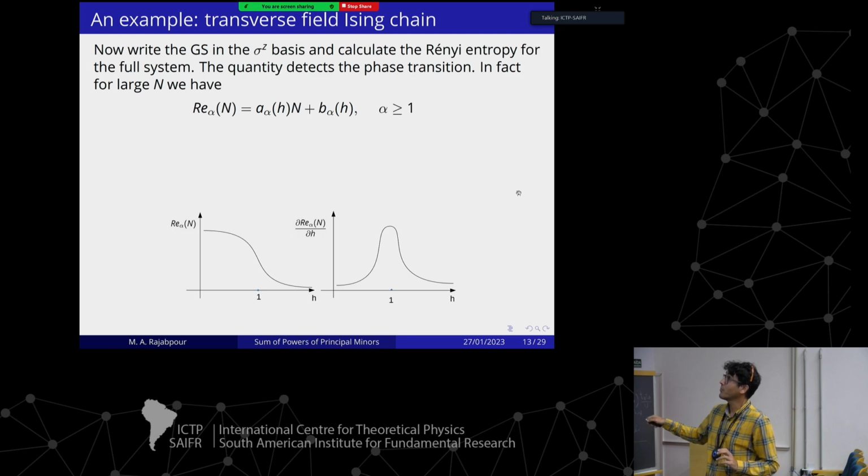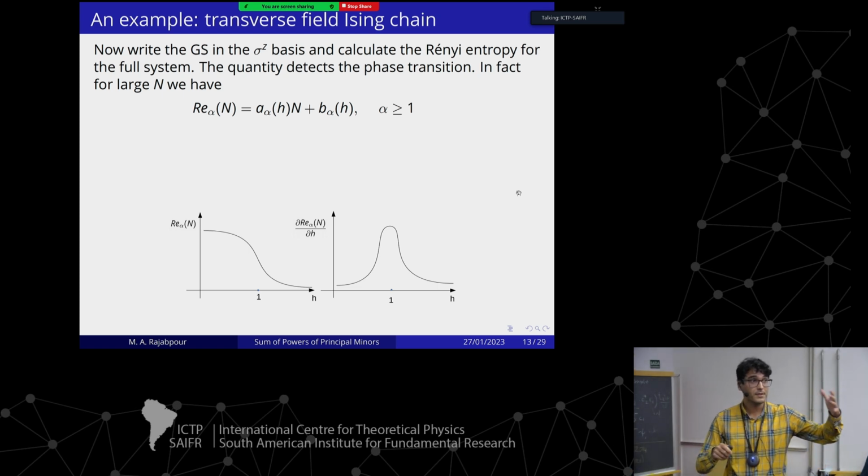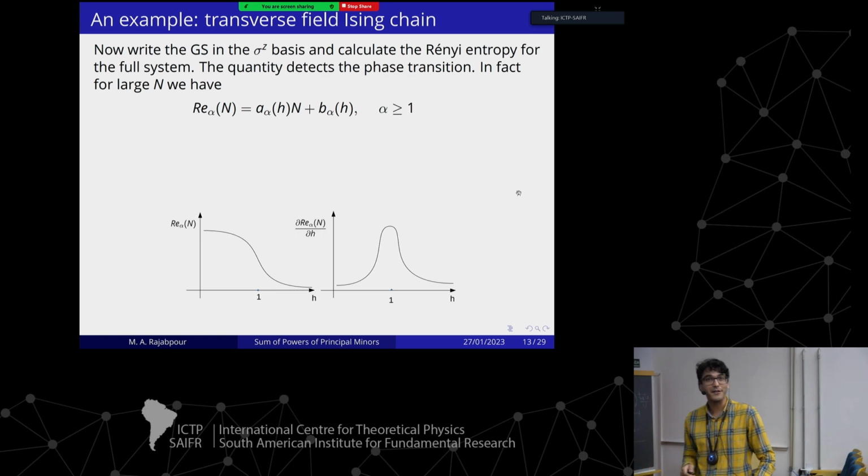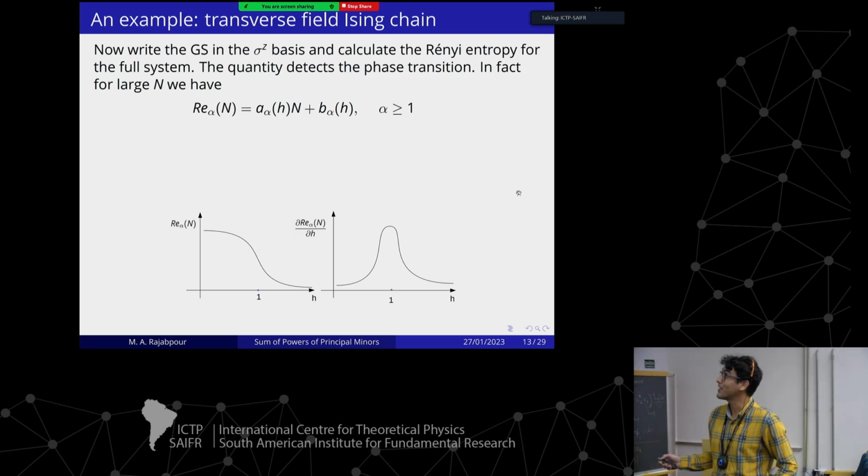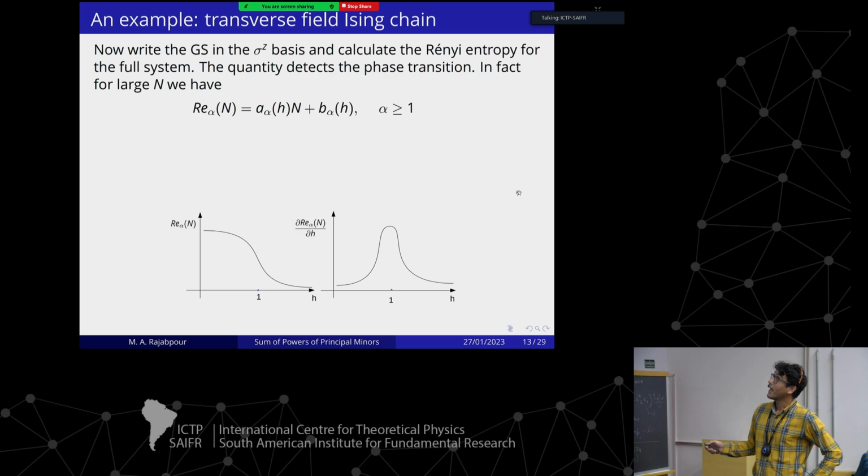So you could say that with this quantity you can detect the phase transition, but maybe it's not a big deal for some people because there are now at least 100 ways of determining the critical point or phase transition. But I like this one because I can even speak about it to a second year undergraduate student.